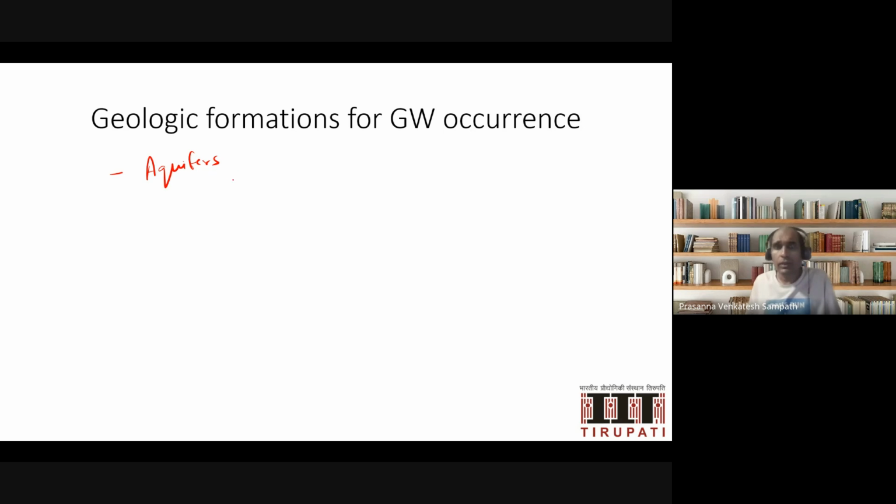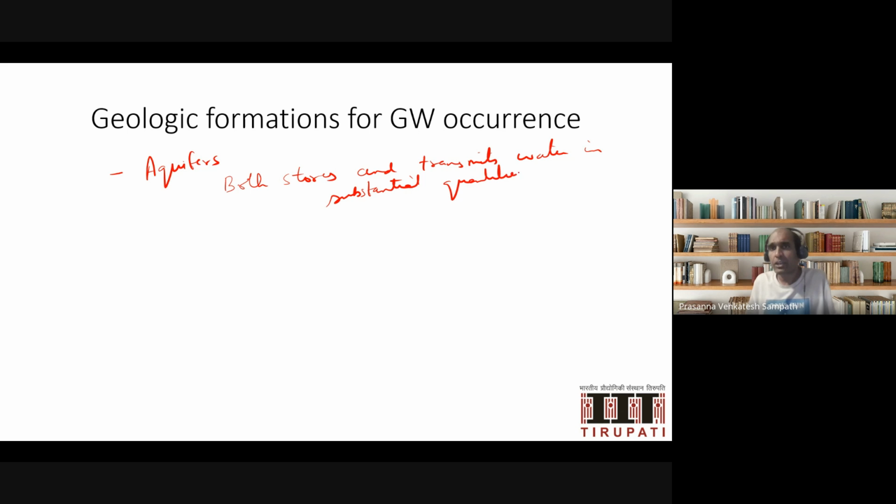An aquifer is one which both stores and transmits water in substantial quantities.